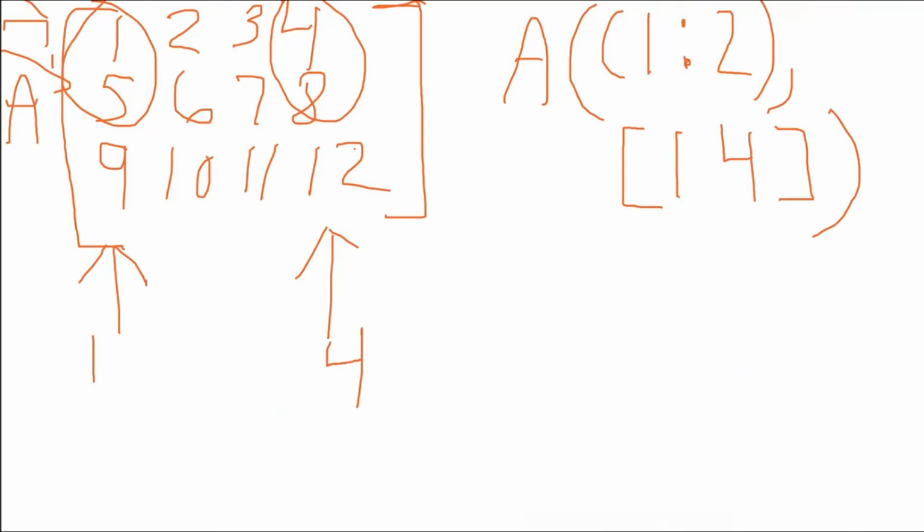The first and second row are represented by this expression here, which is 1 colon 2. I could have done the same in terms of index and done 1 to 2. That's perfectly fine. There are many ways to do this.